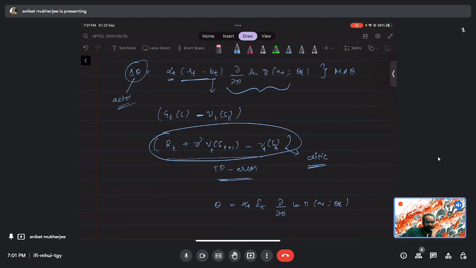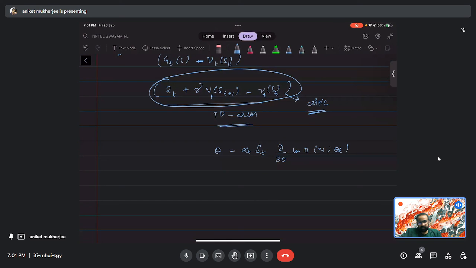This is the basic concept of actor-critic. Maybe I'll touch on actor-critic next time also. I'll jot down the proof and post it. Do you guys have any other doubts?